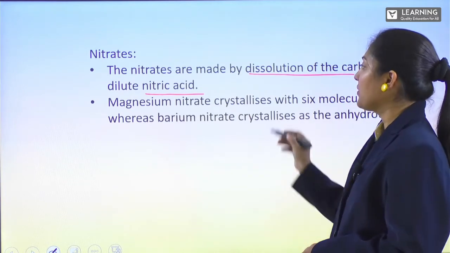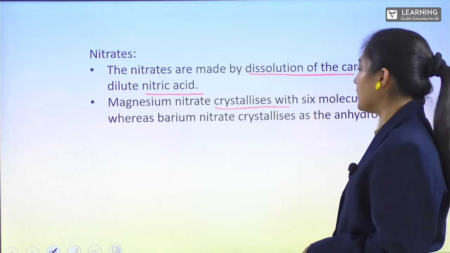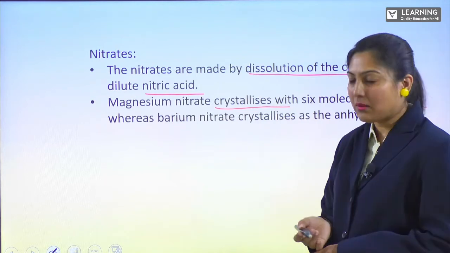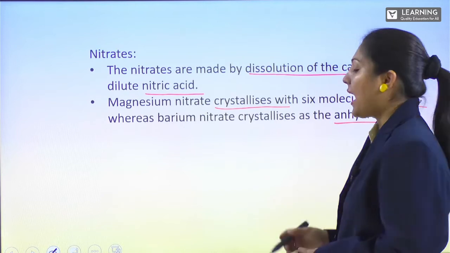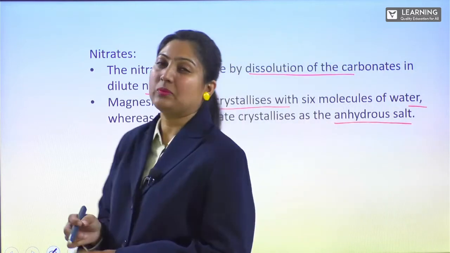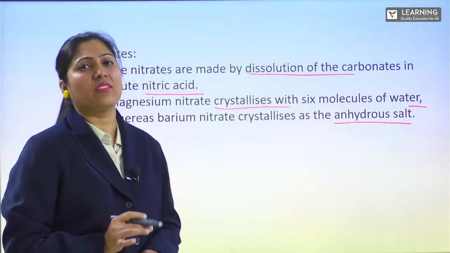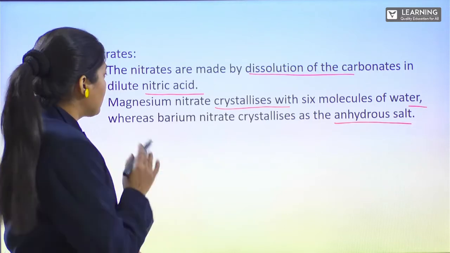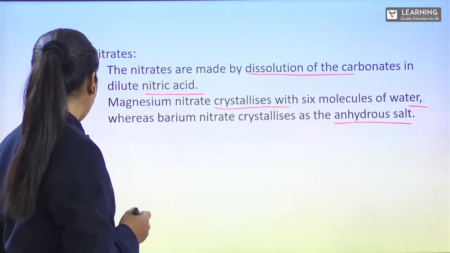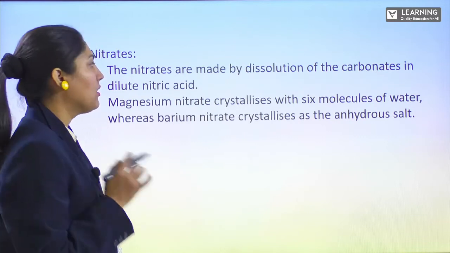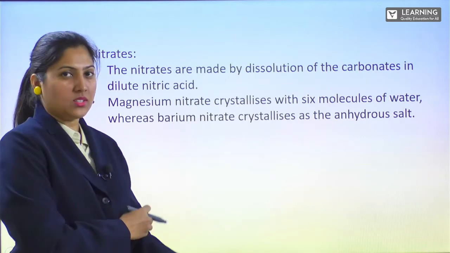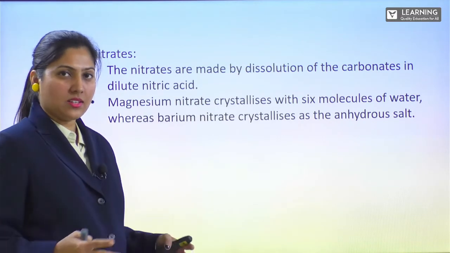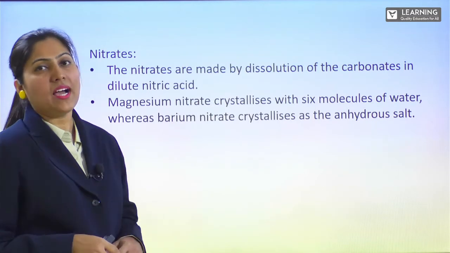Magnesium nitrate crystallizes with 6 molecules of water, whereas beryllium nitrate crystallizes as the anhydrous salt. As we said, beryllium will not have the hydrated salt, so it is an exception. Barium nitrate will not have water molecules either, as down the group the size increases and it is not easy to form hydrates.